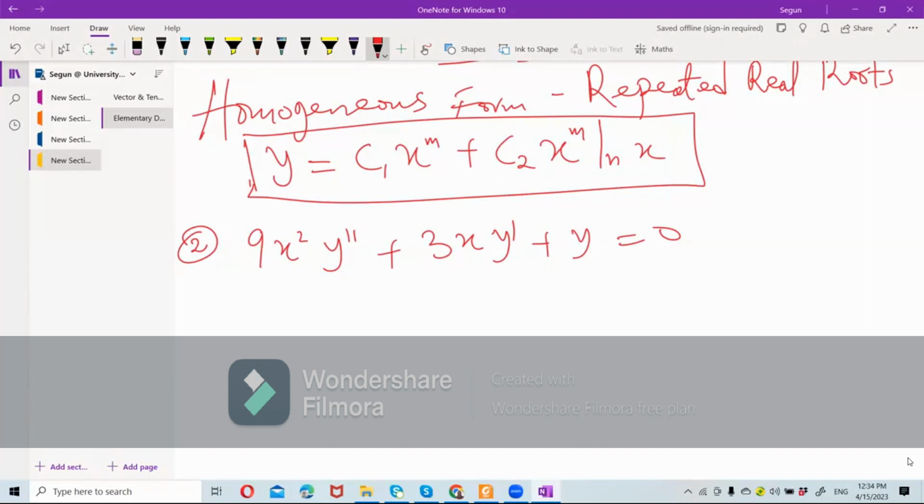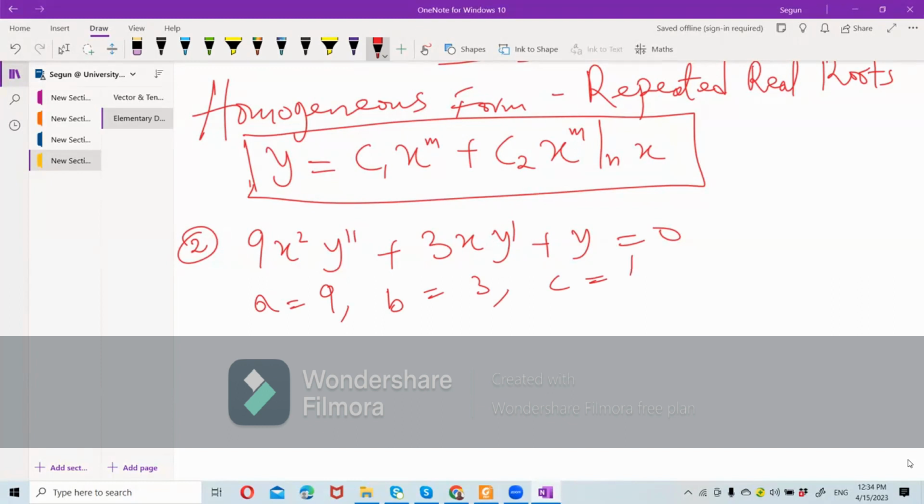So, how do we solve this one? Identify your A. Your A in this case is what, please? Anybody? It's 9. A is equals to 9. Then B is equals to what? 3. And C is equals to 1.